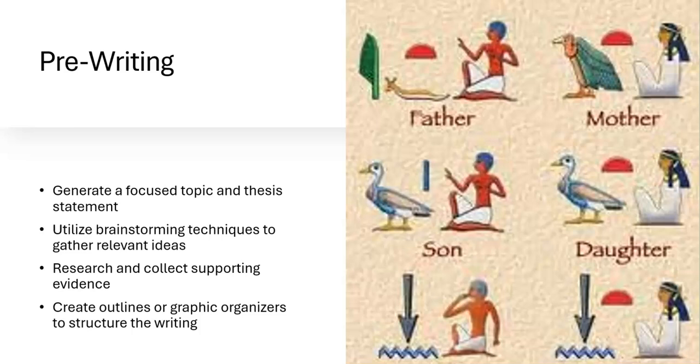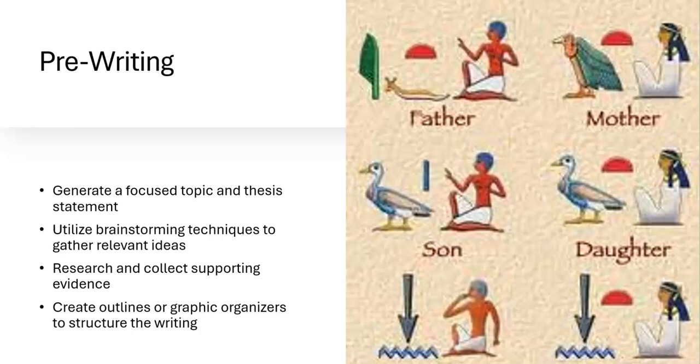composition courses, right? But pre-writing is just basically you are generating a topic and a thesis statement. It's just brainstorming techniques. Depending on the rhetorical mode, that will guide your brainstorming. So if you're writing a narrative, you are pretty much just brainstorming from your own personal story.